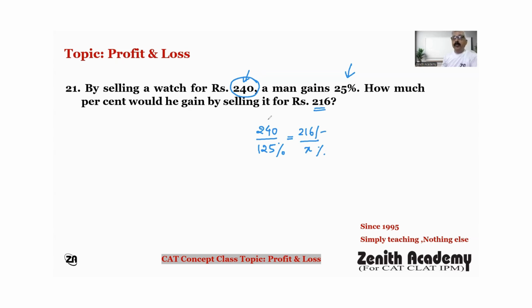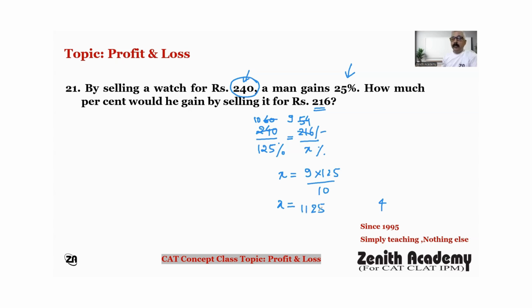x is equal to 9 into 125 by 10. So this is 9 5s are 45, 9 2s are 18 plus 4 is 22, and 9 1s are 9 plus 2 is 11.